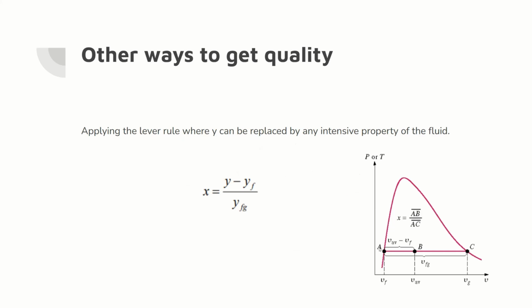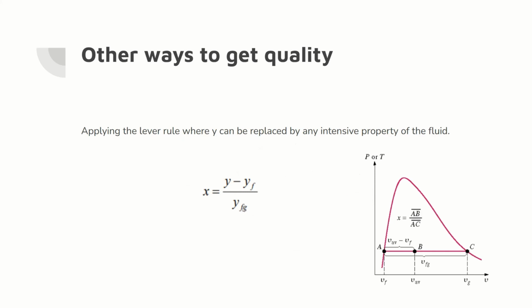So you'd be at A if you're looking at your P or T-v diagram, and you would take this specific volume of the saturated liquid, which you would find from your property tables, but we'll go over that a little bit further. And then you divide that by y subscript fg.